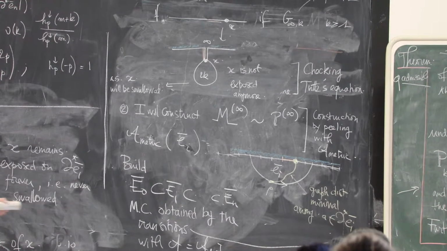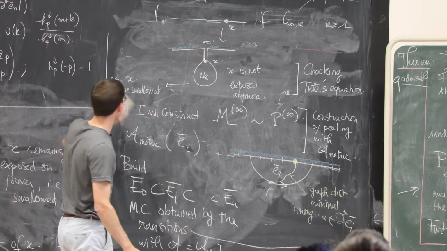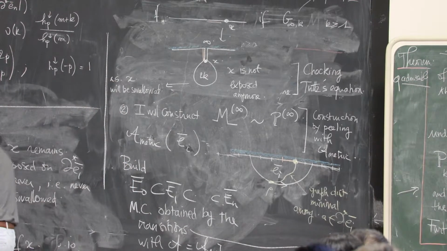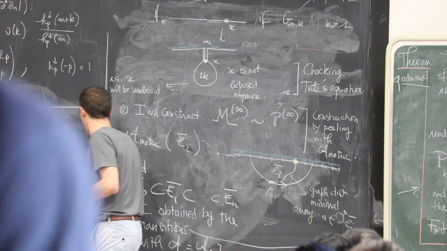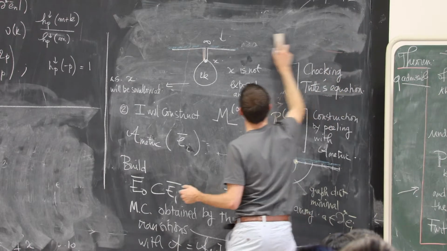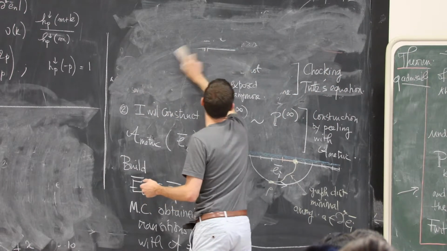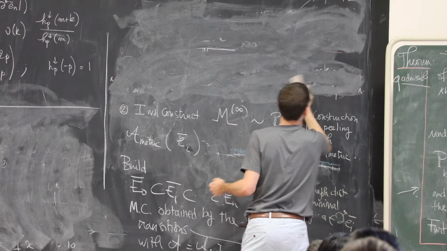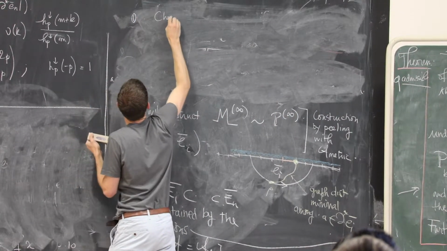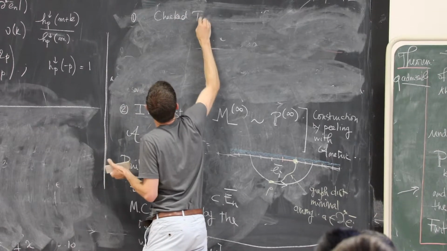Okay, so this guy that we just constructed, so let me erase this. The guy that we just constructed by peeling here, so we checked, let me put it here, we checked Tutte's equation.